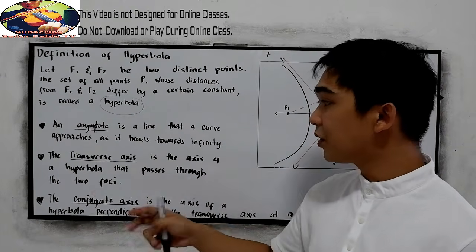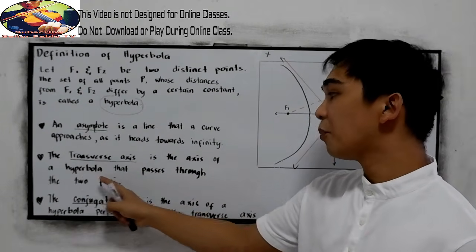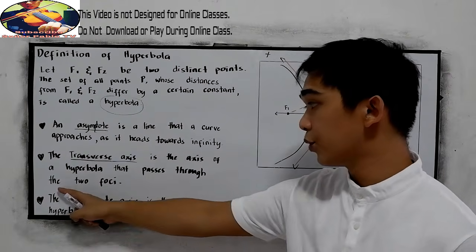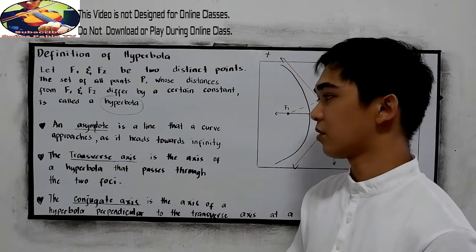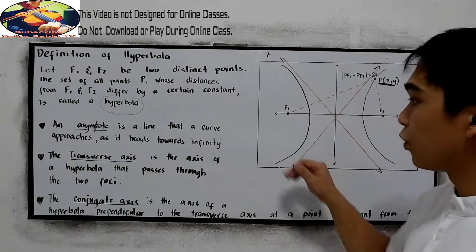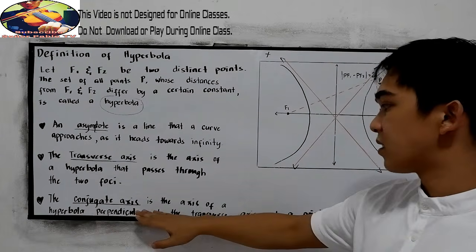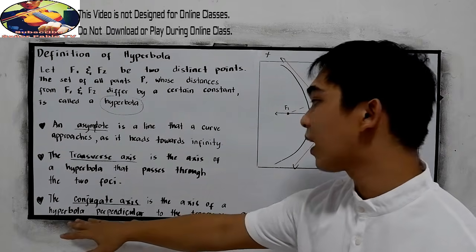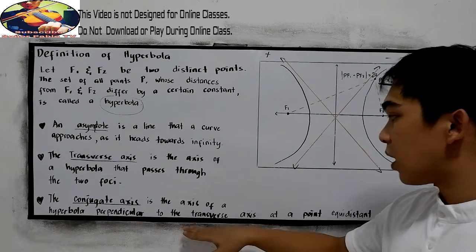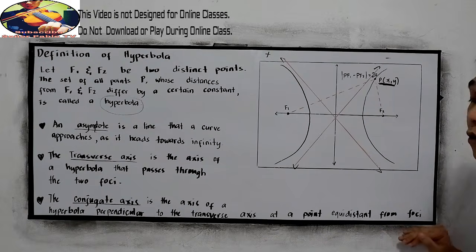We also have the transverse axis, which is the axis of the hyperbola that passes through the 2 foci. The conjugate axis is the axis of a hyperbola perpendicular to the transverse axis at a point equidistant from the foci.